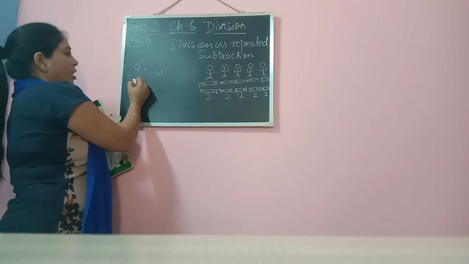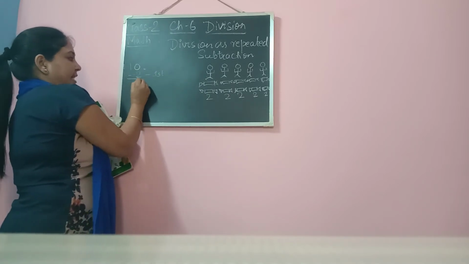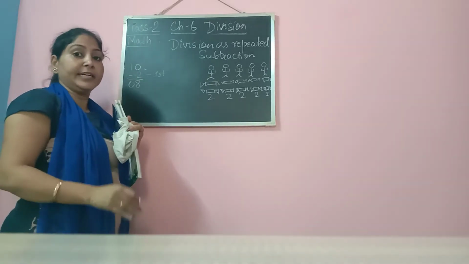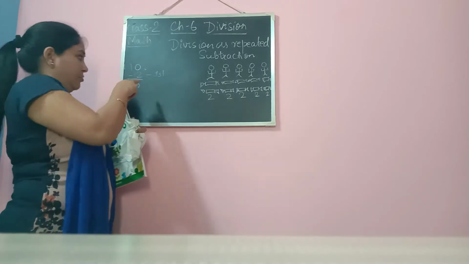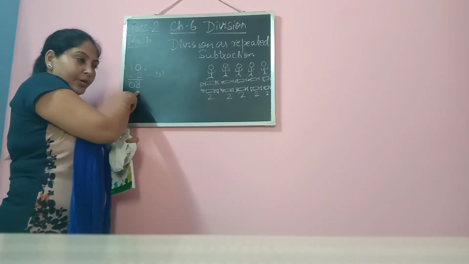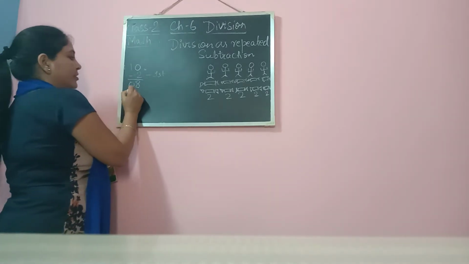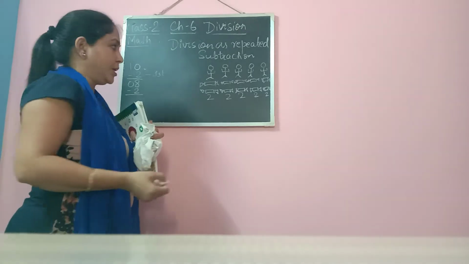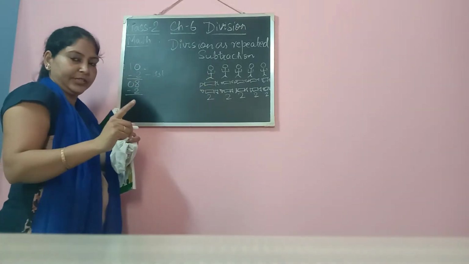How much is left? 8 is left. Again I have to keep on subtracting till I get 0. So still it is not 0, it is 8. Again I am going to subtract 2. And you know why am I subtracting 2? Because each child is getting 2 toffees.